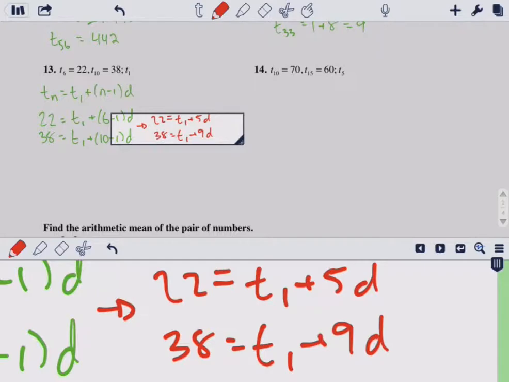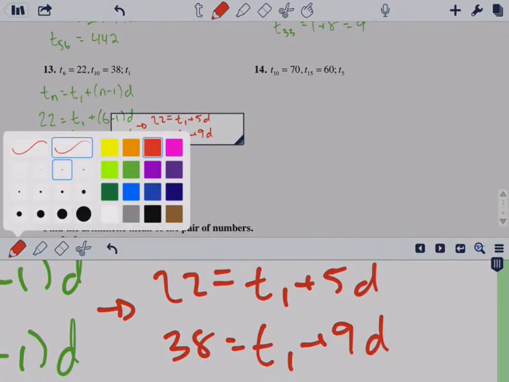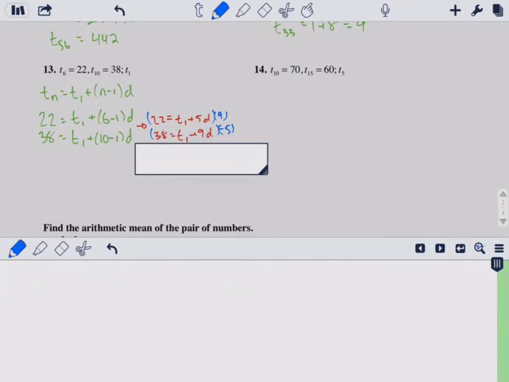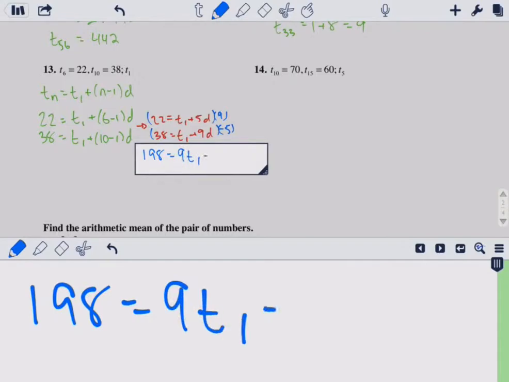Now remember, we're trying to find t sub 1, so the easy thing would be to eliminate it if we're solving for d, but we're solving for t sub 1, so we got to do some multiplication first. I'll just make that positive 9, and I'll make that negative 5 is what we'll multiply by. And so I get the 22, 9 times 22 is 180 plus 18, 198 is equal to 9 times t sub 1 plus 45d.